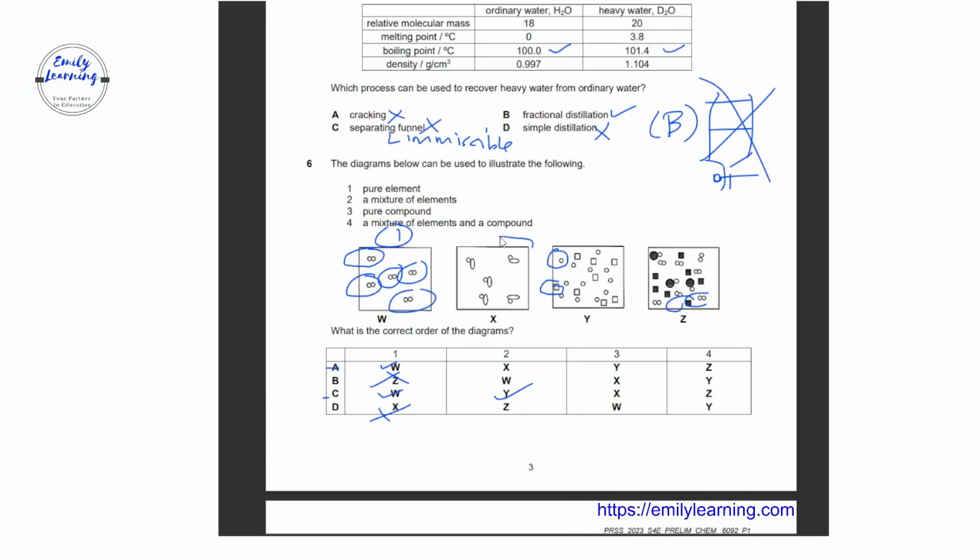X is a pure compound because each molecule is made up of these 2 types of elements, a circle and an oval shape joined together. So you only have this type of compound present. So therefore, X is a compound. And a mixture of elements and compound, we talked about it already, is Z. So therefore, the answer for question 6 is C.